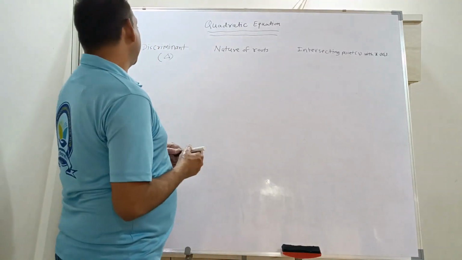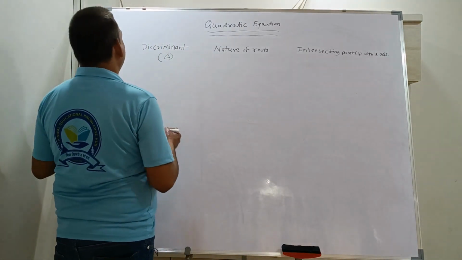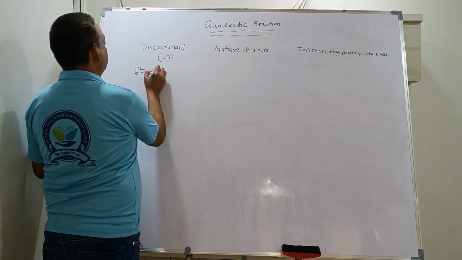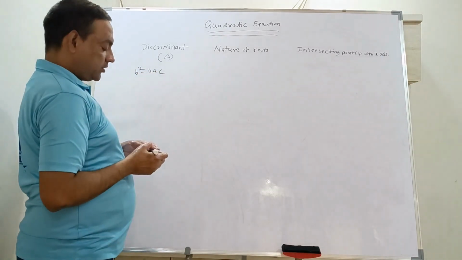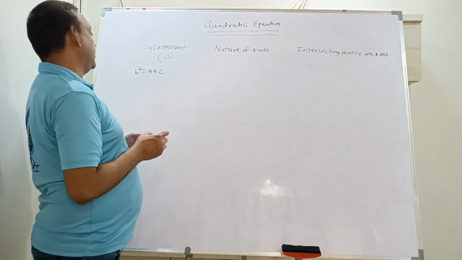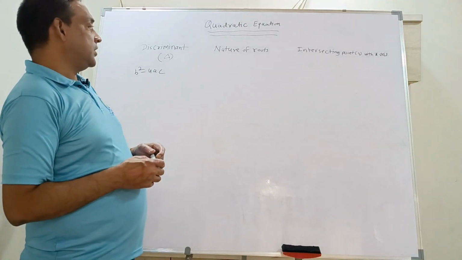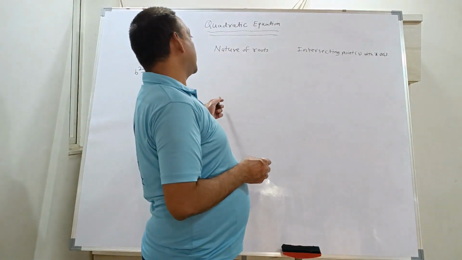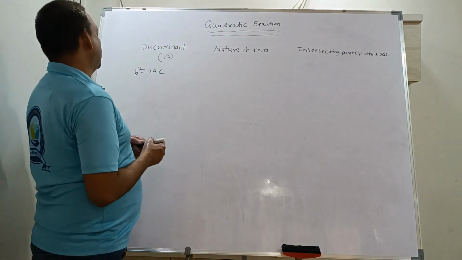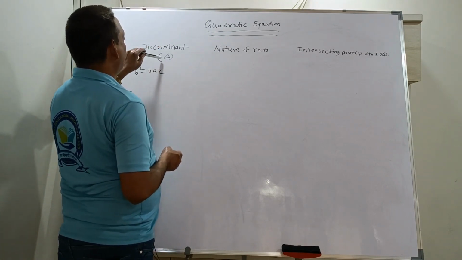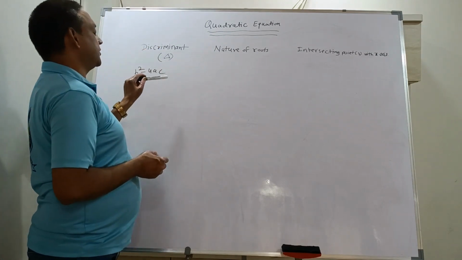So the same thing we'll be studying in this discriminant, meaning we have to just find out b square minus 4ac. If you saw in the formula method, based on this value, it will come to know that the answers are in what form. So that is called the discriminant. Discriminant or delta is nothing but b square minus 4ac.